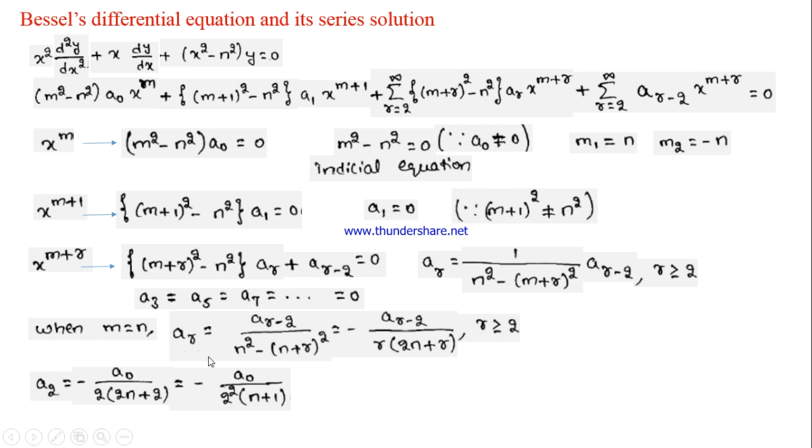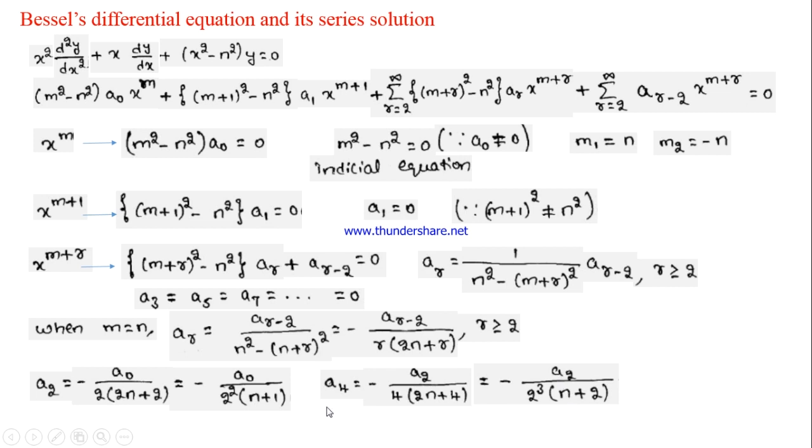Similarly, if I put r equal to 4, we get a4 equal to minus a2 divided by 4 into (2n plus 4). Here 2 is common and 4 can be written as 2 square. That gives us minus a2 divided by 2 cube into (n plus 2).